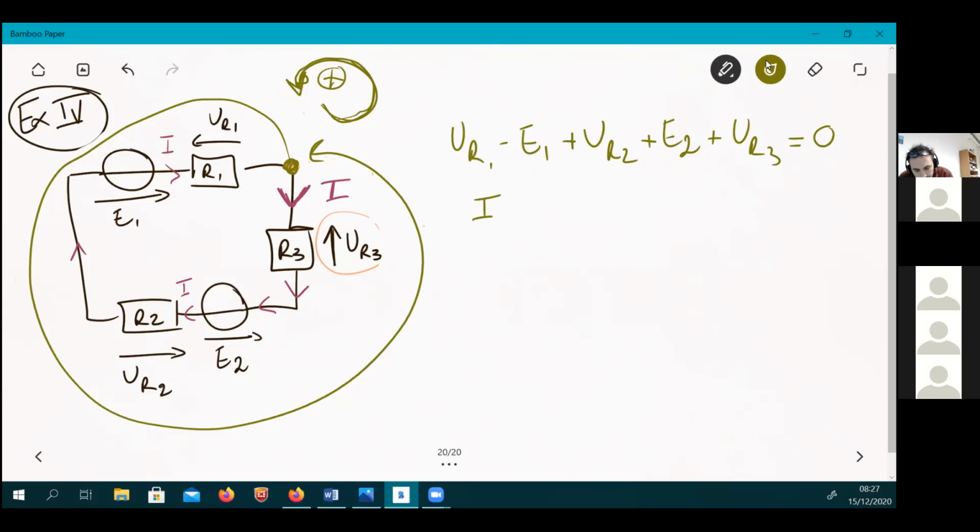Then here I equals R2 plus R3 equals I1 minus I2, and you get the same result.